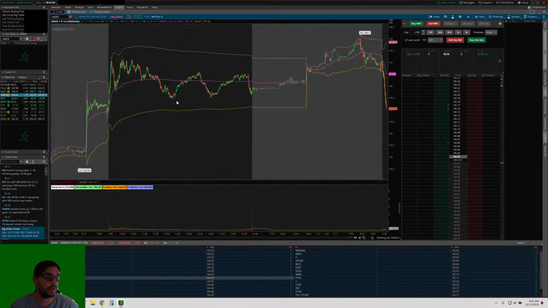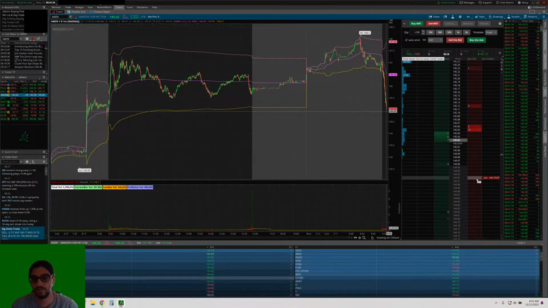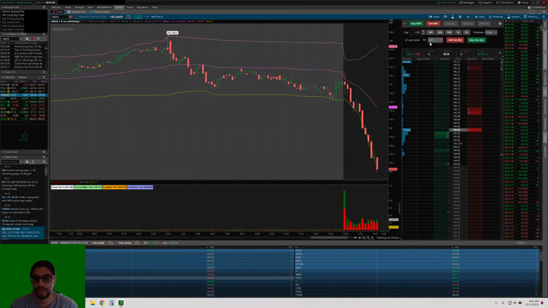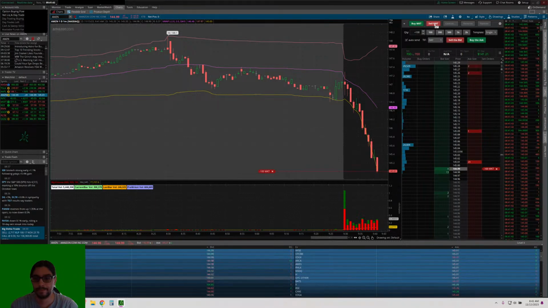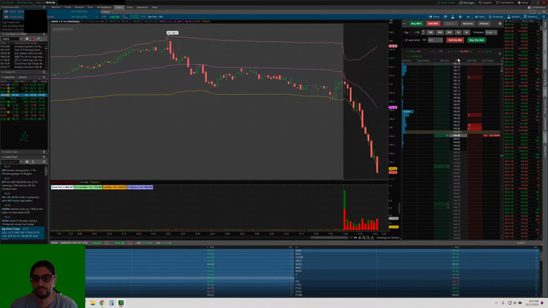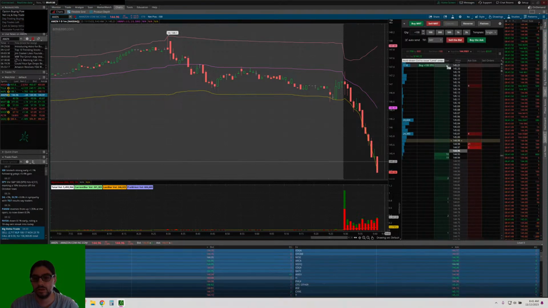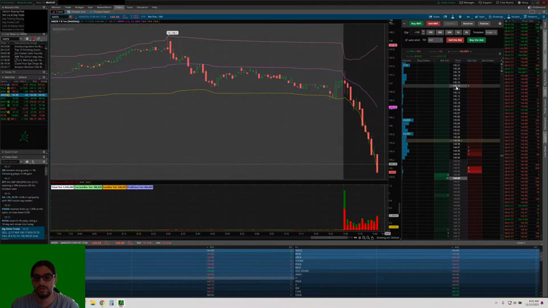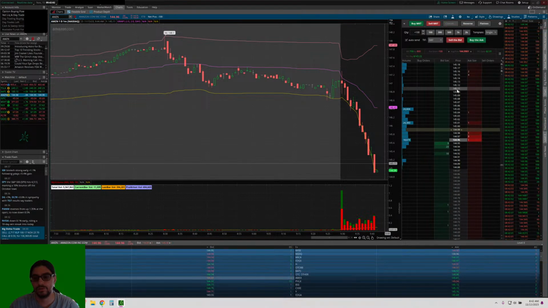Amazon is continuing down. It definitely has broke that level. We'll take a look at maybe doing another little short here somewhere. If it goes up, I'm fine with that. If it starts to move up, I probably would take another short. But if it wants to continue to go down, that's fine too.